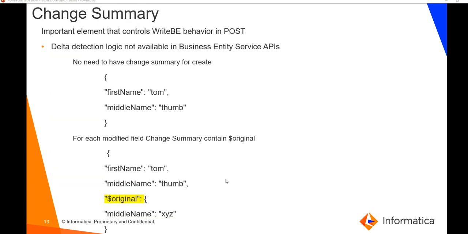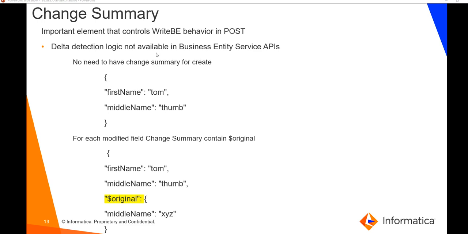As we are talking about different REST services, there is one important thing that we should definitely discuss: the behavior of the write BE call. Suppose I want to create an entity.